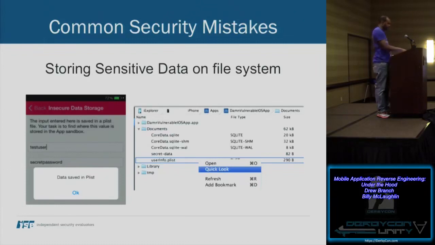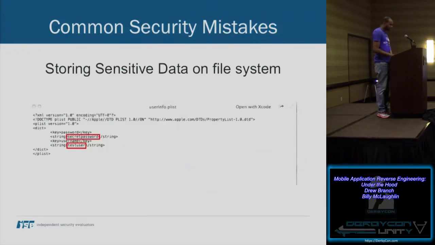And as you can see here, you see the Damn Vulnerable iOS application folder, and I have the documents, and the userinfo.plist file is within that folder, and you can easily just right click and then open that file. And within that file, you can see that secret password is stored and test user is also stored.